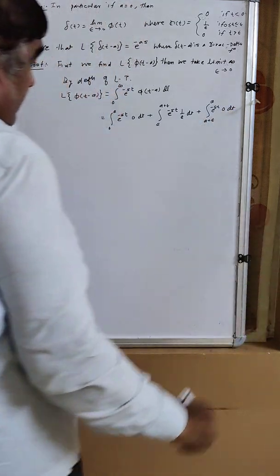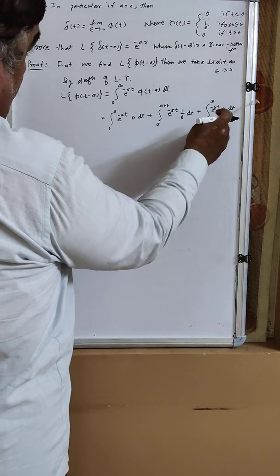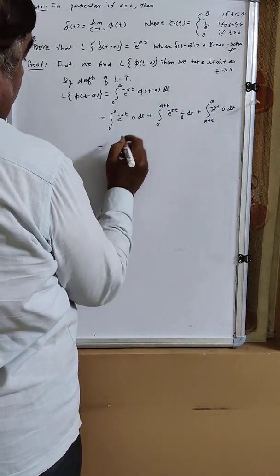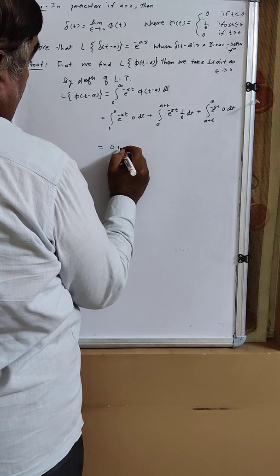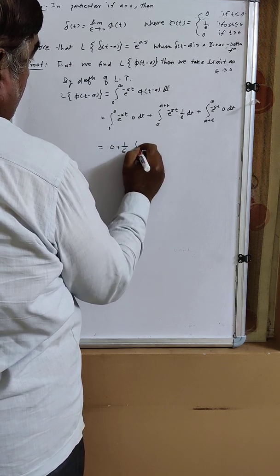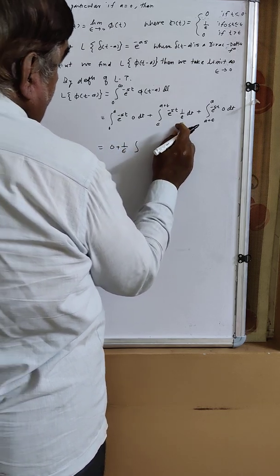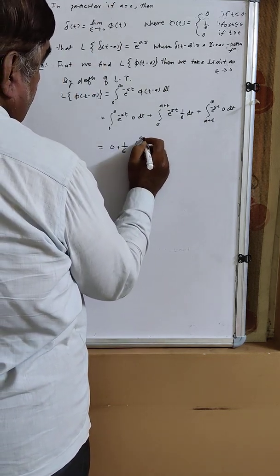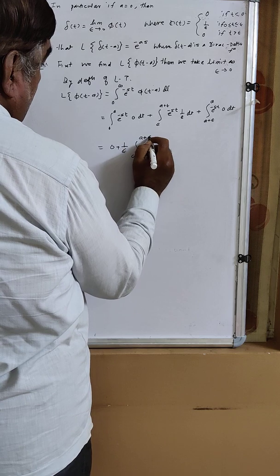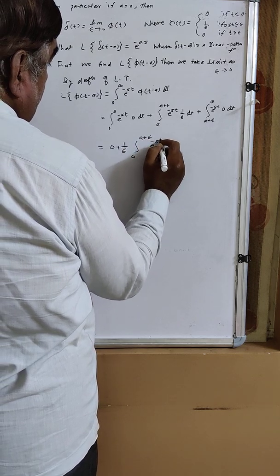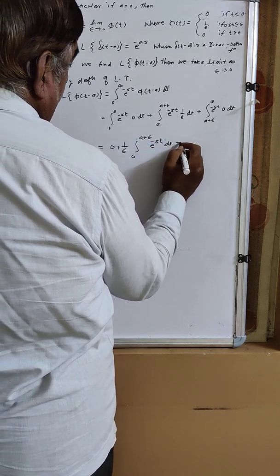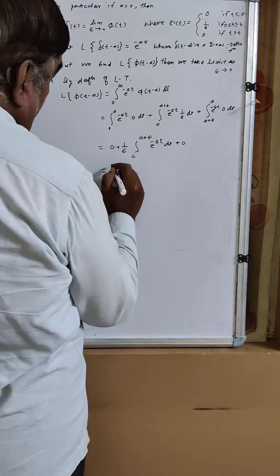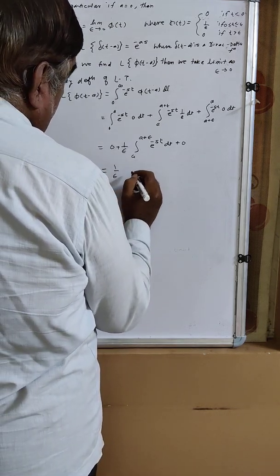The value of phi of t minus a in the first and last intervals is 0, so this becomes 0 plus 1 upon epsilon, which is constant with respect to t, times the integral from a to a plus epsilon of e raised to minus st dt, plus 0.